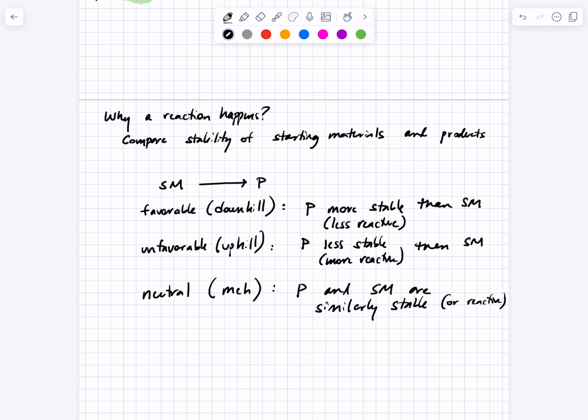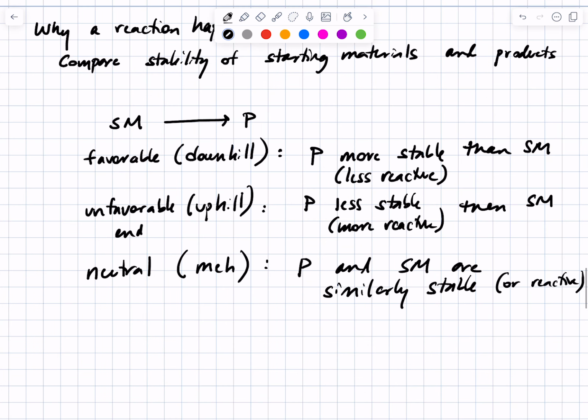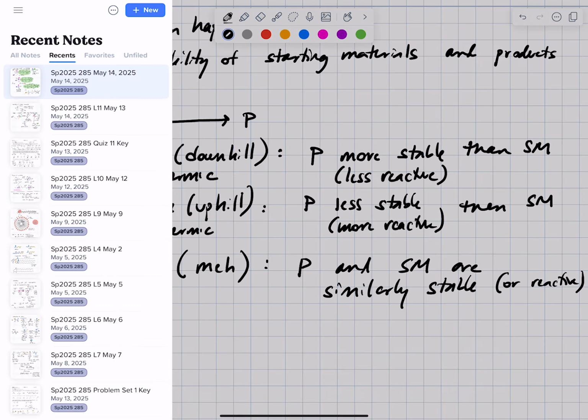So let's do the first, if you go to your quiz, question 1, predict whether the following reactions are uphill or endothermic, or downhill, exothermic, or neutral. And let's do just the first one on the list.